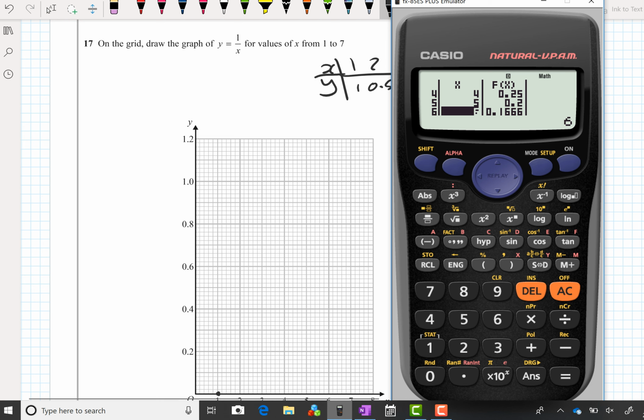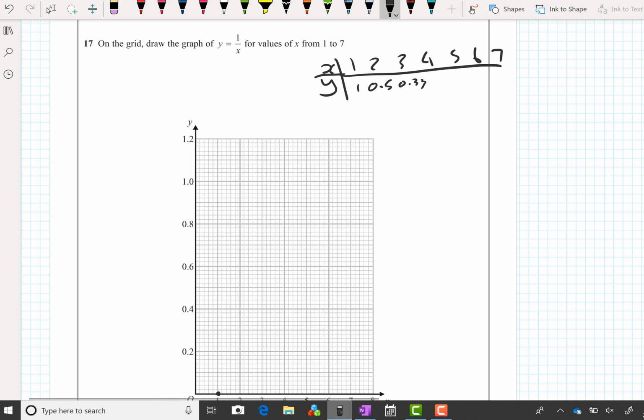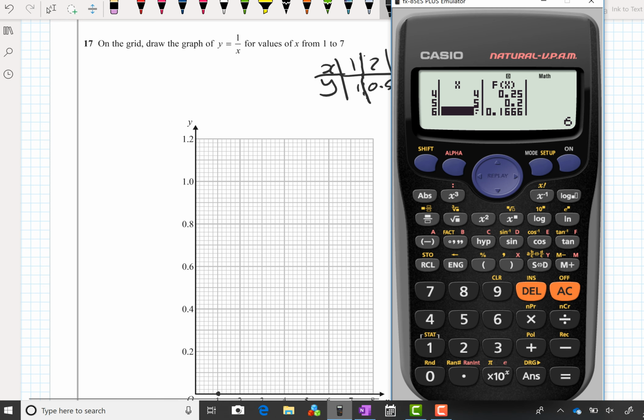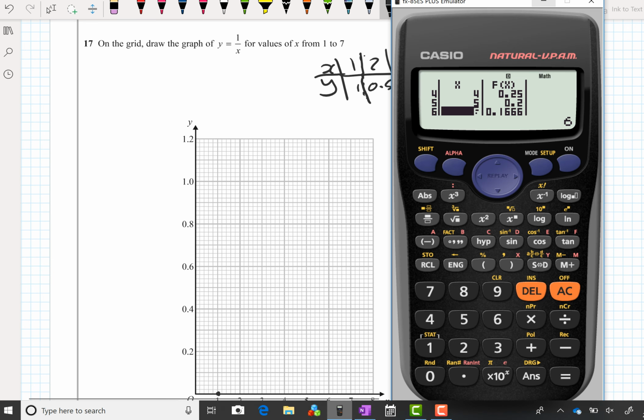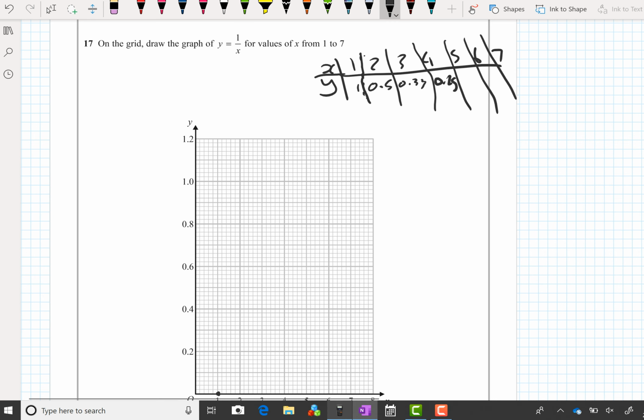I might actually do this because it's going to get a little bit messy, I think, in my opinion. That's the worst table I've ever seen in my life. Do not copy that. 0.25, 0.2, 1.666 recurring, which is 1 2/3, which doesn't make sense because the numbers are getting smaller.